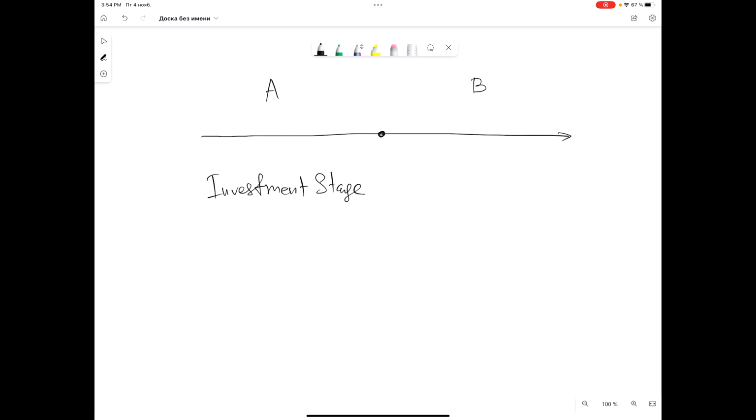And stage B is called operating activity. So during the investment stage, you only spend your money preparing for the stage B when you get the first revenues.